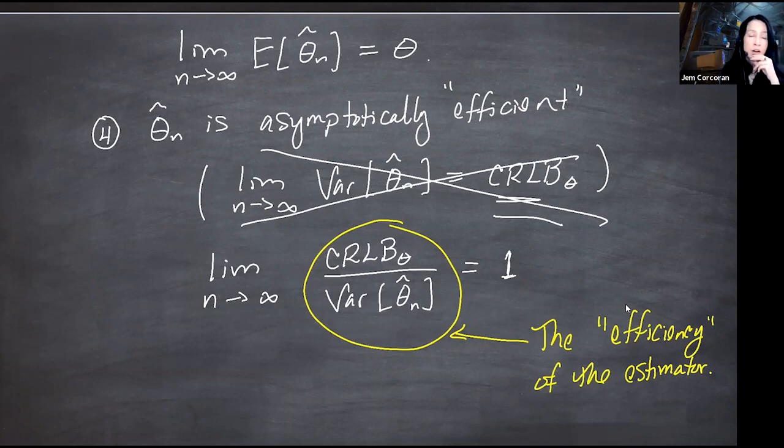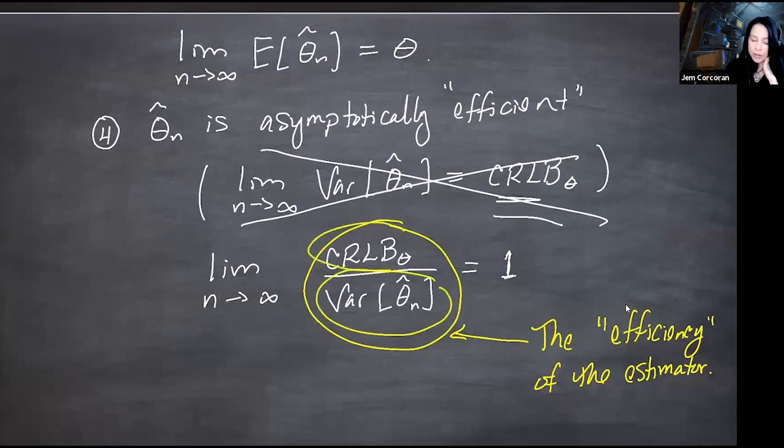Because MLEs, they're not always unbiased. They're definitely not always unbiased. You can actually get something with an efficiency greater than 1, meaning the variance can get below the Cramér-Rao lower bound, because the variance is always greater than or equal to the Cramér-Rao lower bound, making this thing less than or equal to 1 if you're restricting yourself to unbiased estimators.